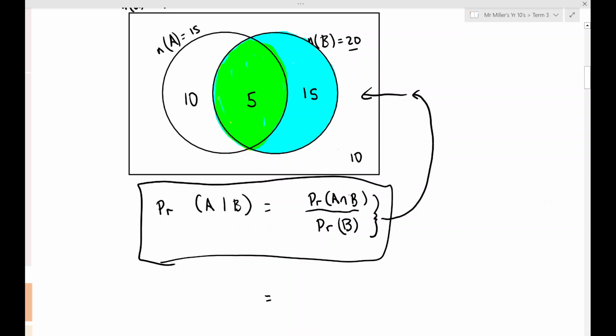So the ratio between the probabilities has got to be the same as the ratio between the number of elements, because it's a ratio.